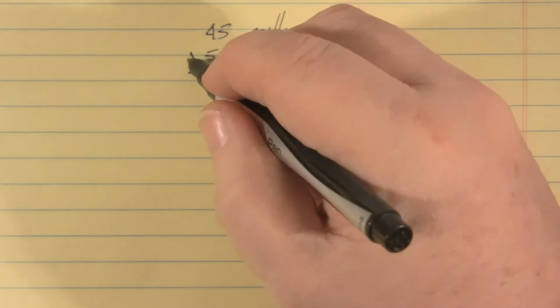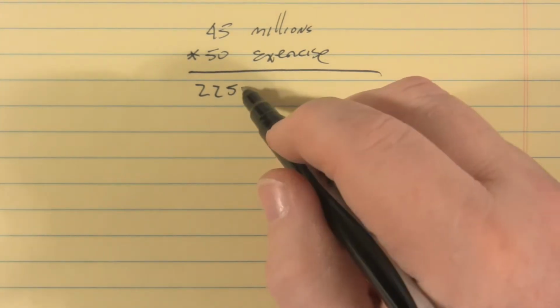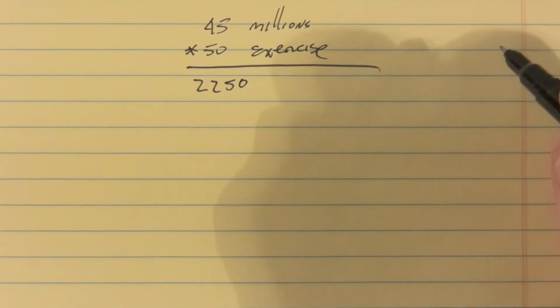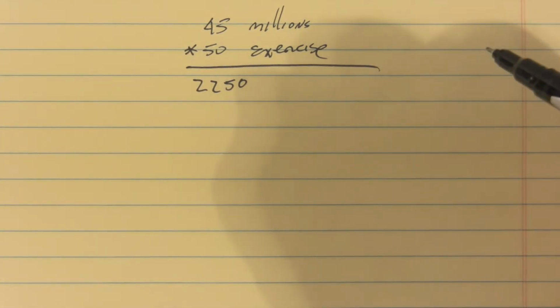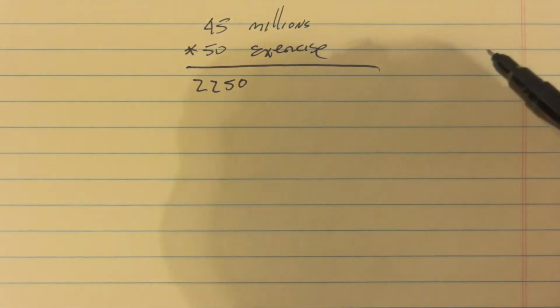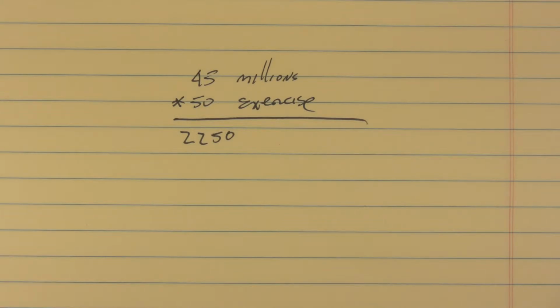So we need to multiply that out first. That gives us 2,250 million, this is all in millions. So we act as if this is fully diluted earnings per share. We're acting as if this happened day one. Okay?